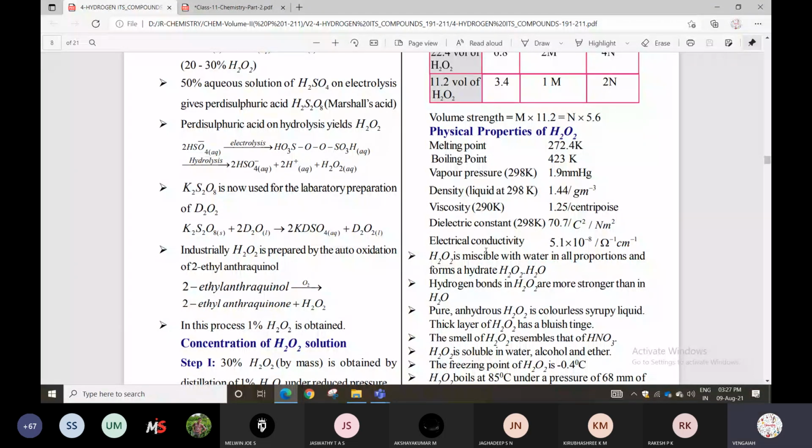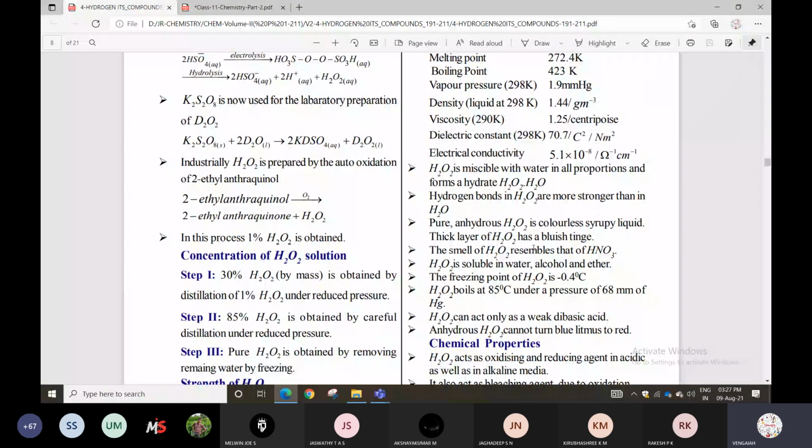The freezing point of H2O2 is given as minus 0.4 degrees centigrade. H2O2 boils at 85 degrees centigrade under reduced pressure. H2O2 can act as a weak dibasic acid. Anhydrous H2O2 cannot turn blue litmus to red.